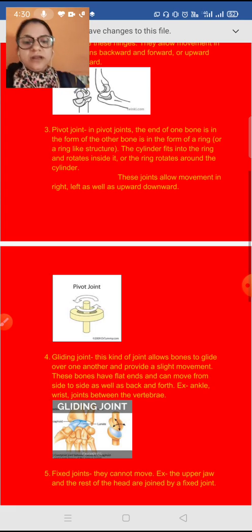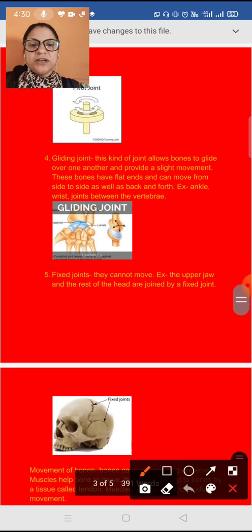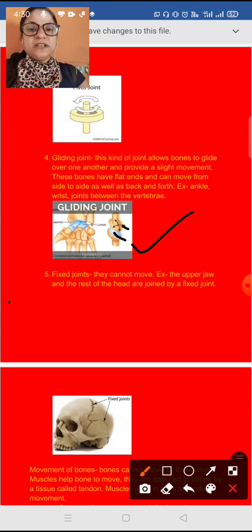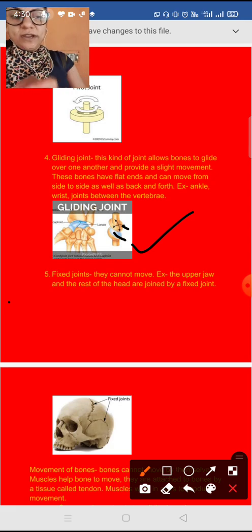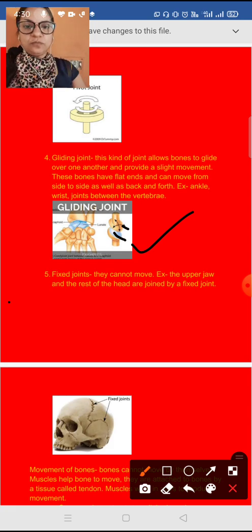Next comes the gliding joint. I have shown you in the picture where it is present: in your finger and wrist. This is the gliding joint, which means bones slide over one another. This kind of joint allows movement to glide over one another, एक दूसरे के ऊपर glide करते हैं, and provides a slight movement.